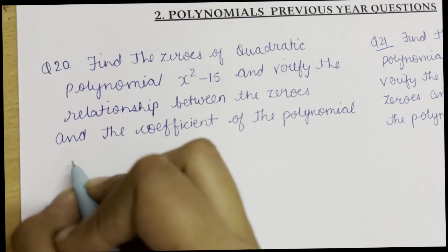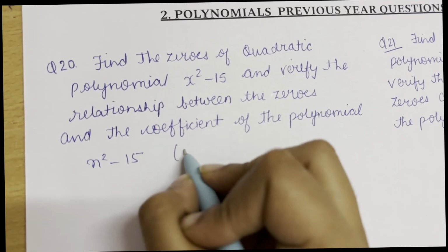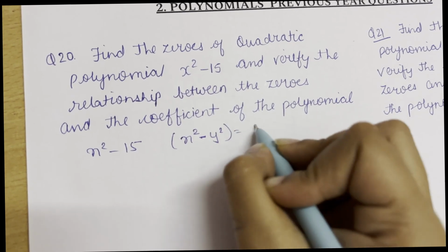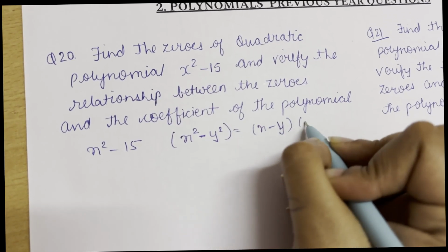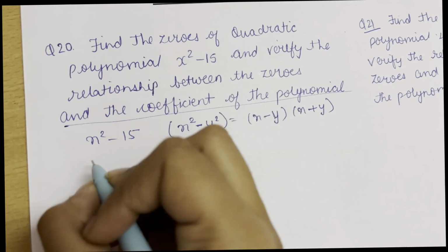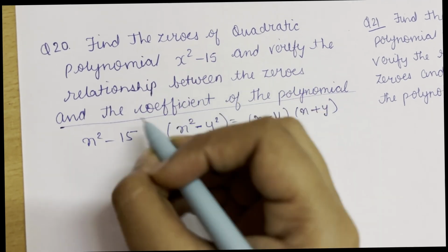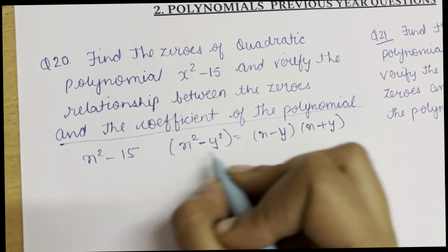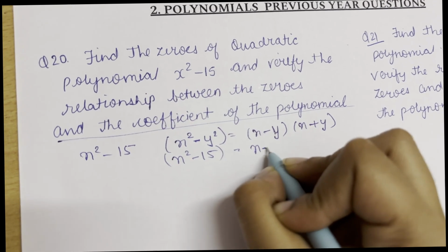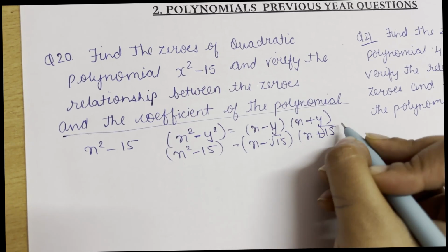First, we are finding the zeros of the polynomial. The polynomial is x square minus 15, and here we can use the identity x square minus y square equals x minus y times x plus y. For x square minus 15, you get x minus root 15 and x plus root 15.